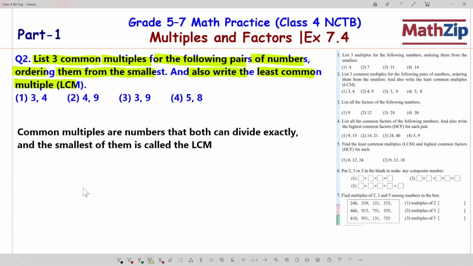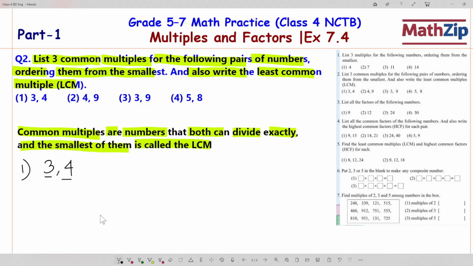First we have to know: common multiples are numbers that both can divide exactly, and the smallest of them is called LCM. So how can we find this? Number 1 is 3 and 4.